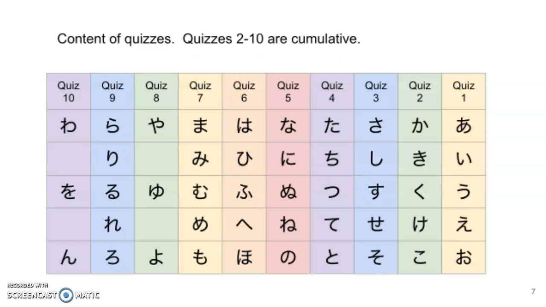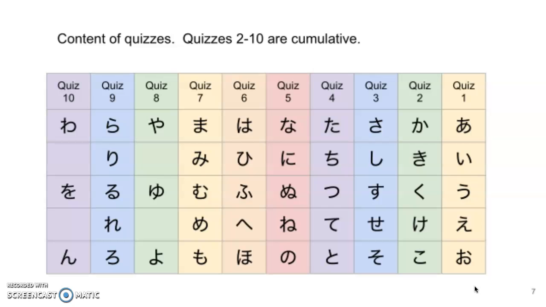This series of quizzes that I designed are broken up like this. There will be 10 quizzes starting with number 1. These are offered in traditional Japanese alphabetic order.